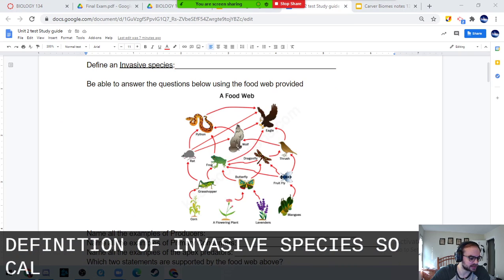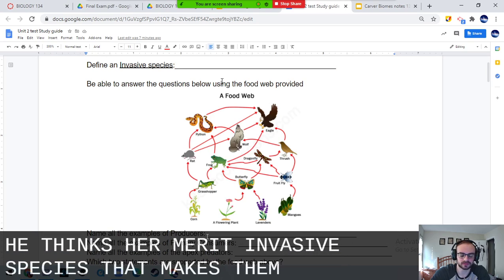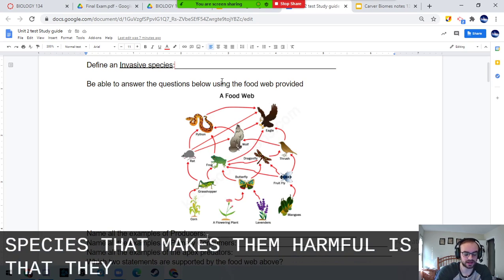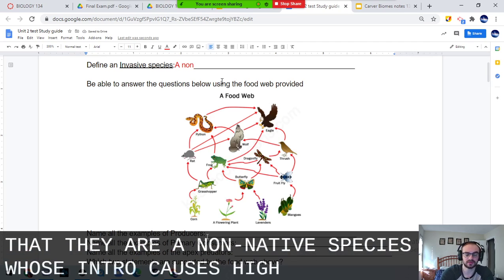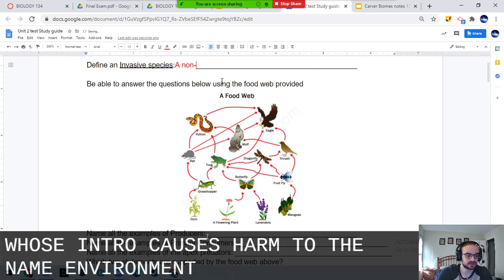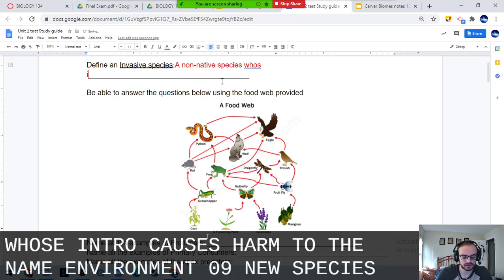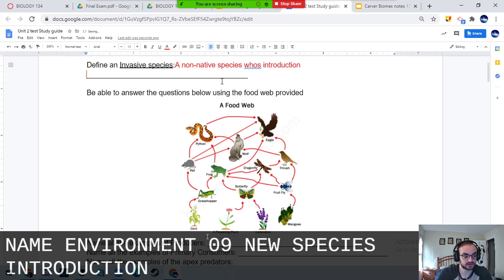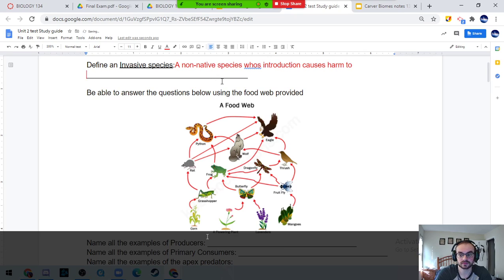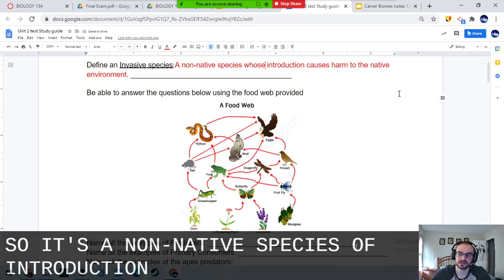The key thing to remember is that what makes them harmful is that they are a non-native species whose introduction causes harm to the native environment.